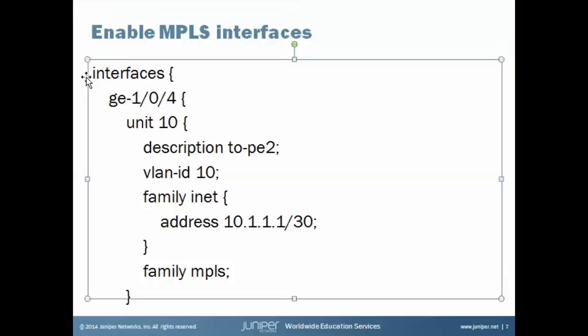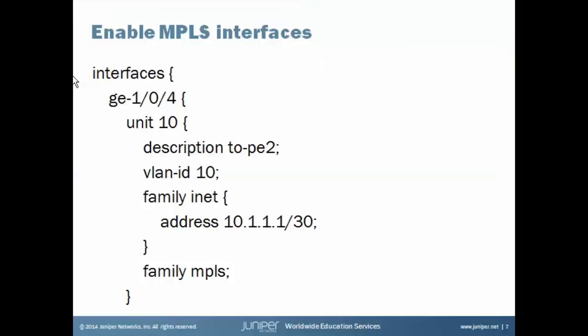So we set interface ge-1/0/4, in PE1 unit 0. We can add the description to PE2, VLAN ID 10, family inet, address 10.1.1.1/30, and we must add family MPLS to enable MPLS on the interface.